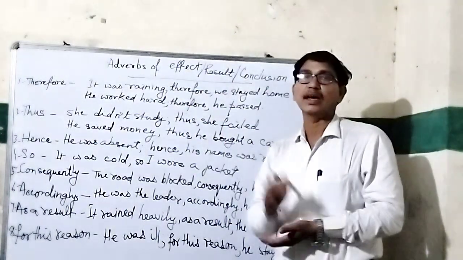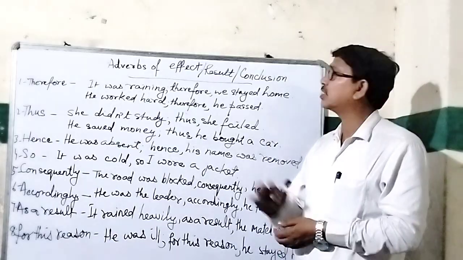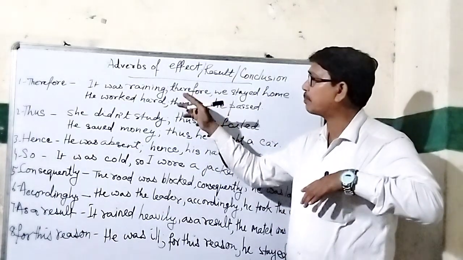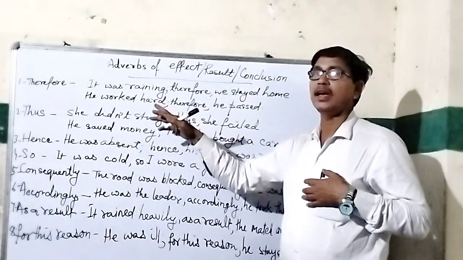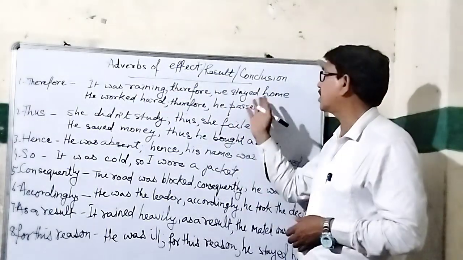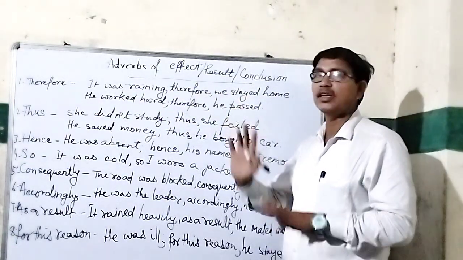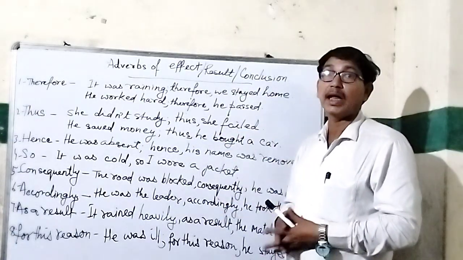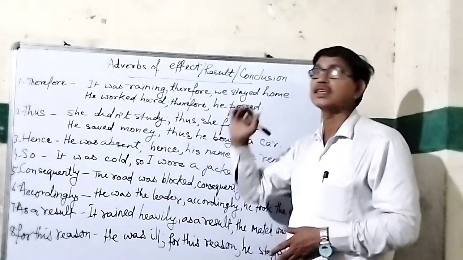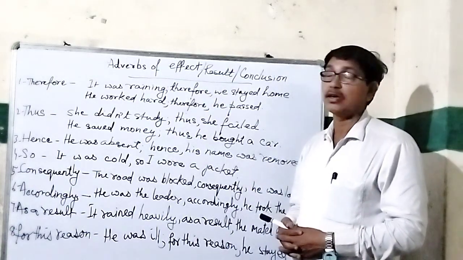But therefore is an adverb, because it is separately giving meaning. It was raining, therefore we stayed home. It is not making a clause, it is separate from that. So here it is called an adverb because it is modifying the sentence. It is not making a clause.